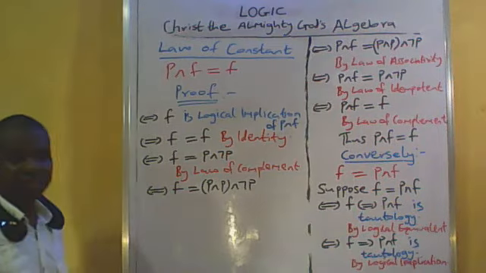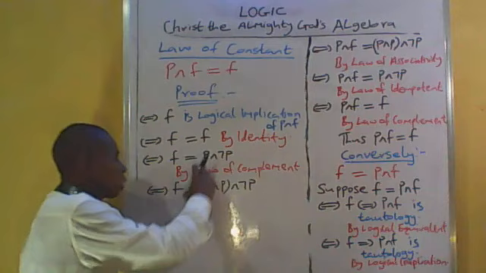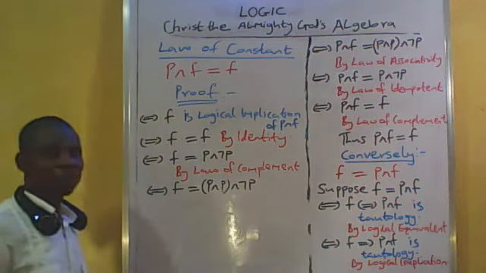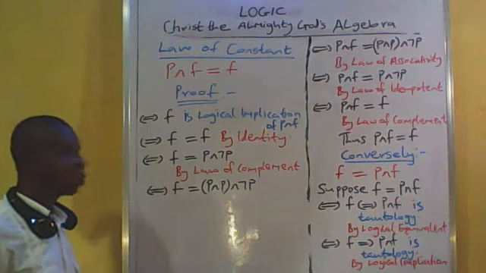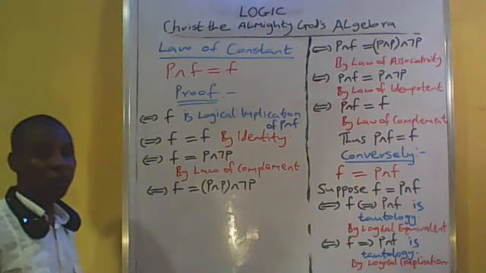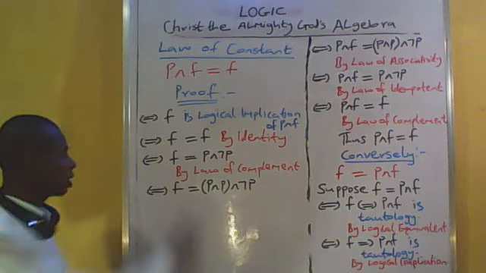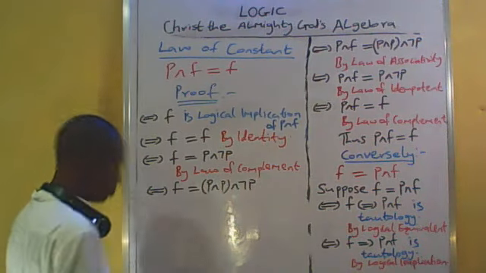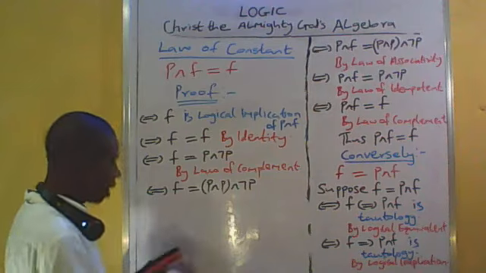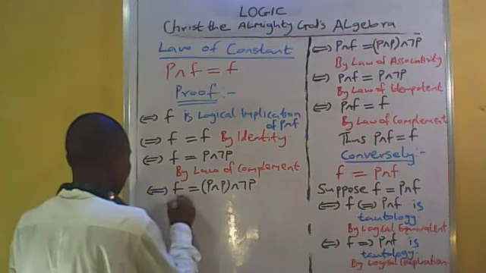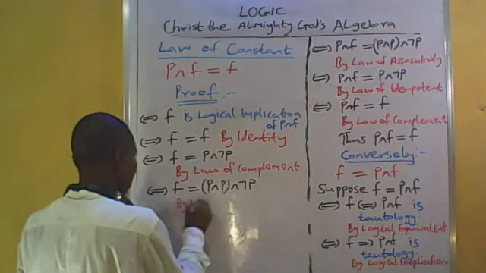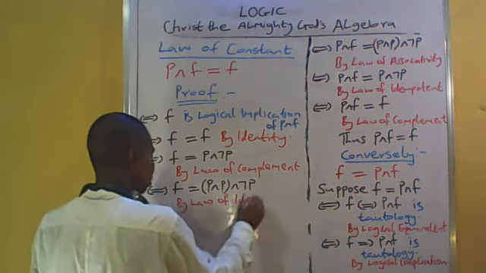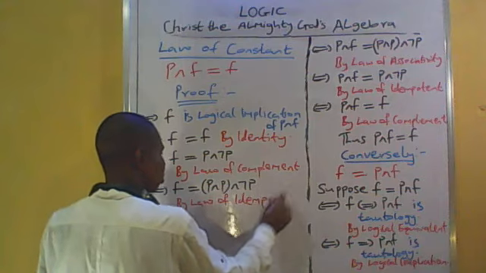You have seen that this p here I'm just replacing with p and p because p is equal to p and p by the law of idempotent. Being justified by the law of idempotent.